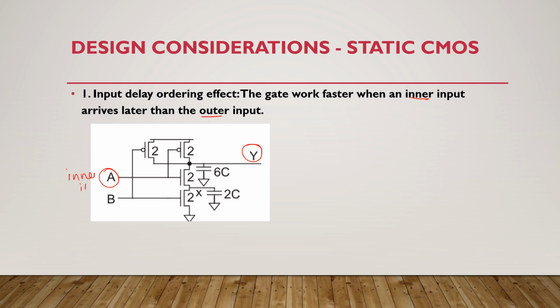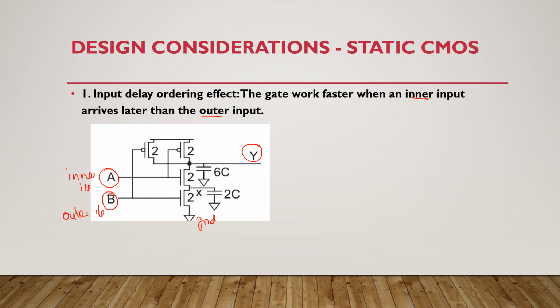If my input B is close to the power rail, that is ground or supply, then it is called the outer input. So when compared between the two inputs, if the inner input arrives later, my gate will work faster.